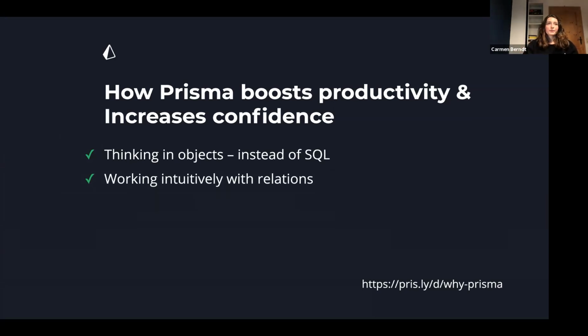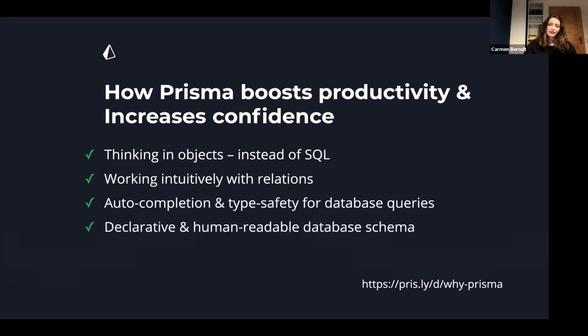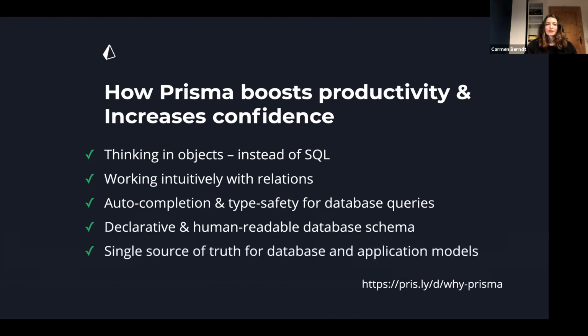Fetching relations is probably a really confusing aspect when working with relational databases, but since Prisma Client has this Fluent API, it makes it really easy. And then you have this database schema, the Prisma schema, acting as a single source of truth for your database.